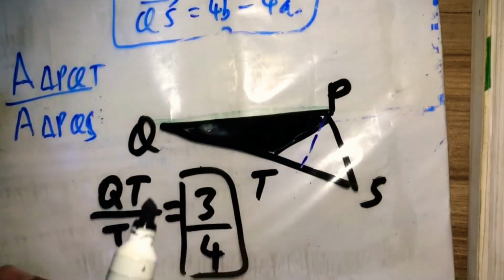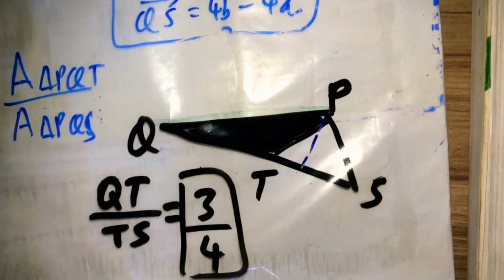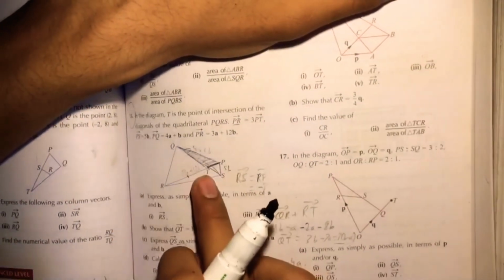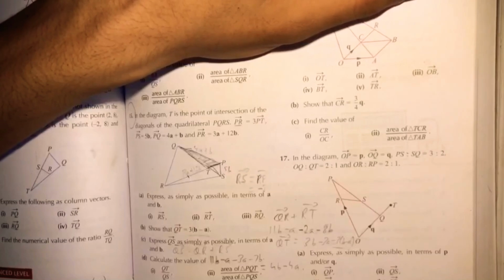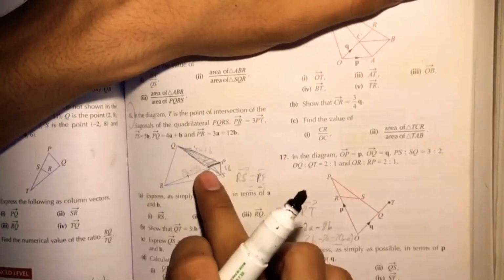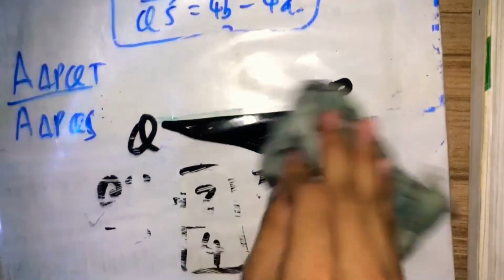Now the next part says the area of PQT is to the area of RQT. I'll draw this diagram first.